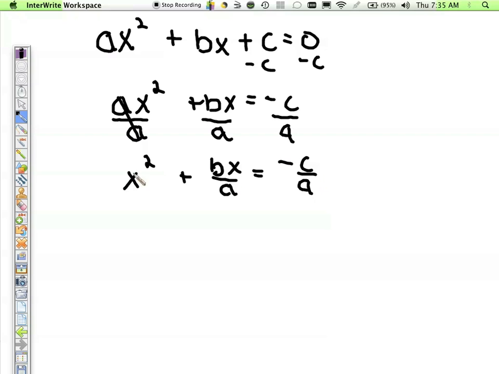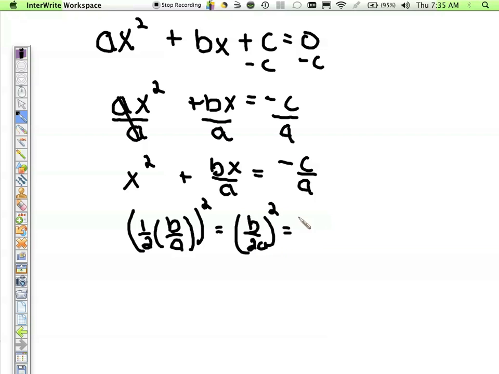All right, so now to complete the square, what I have to add to the left-hand side is this: I take half of the b term, so half of b over a, and then I square that. Half of b over a is b over 2a, and if I square that, it becomes b squared over 4a squared.